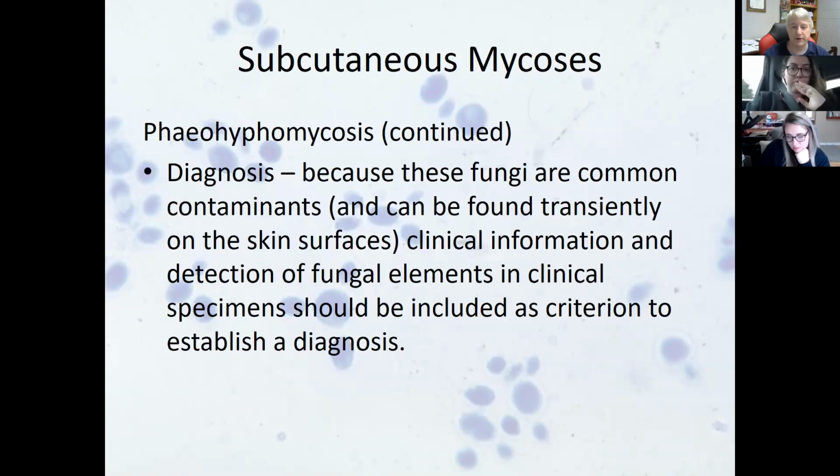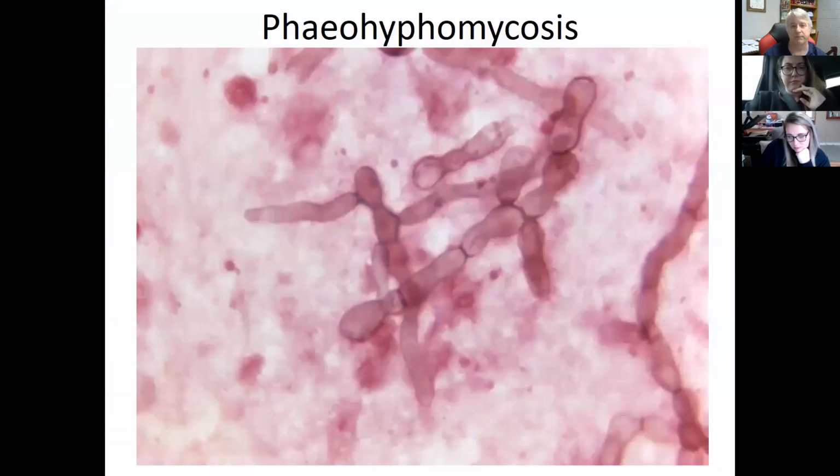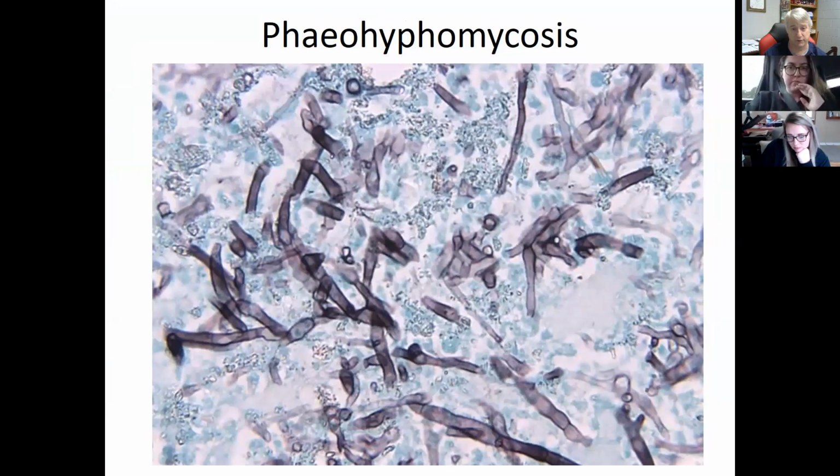To diagnose these, because these fungi are common contaminants, they can be found already on the skin, transiently on the skin. Clinical information and detection of fungal elements is most important for diagnosing. So here's our phaeohyphomycosis pictures. Another stain.